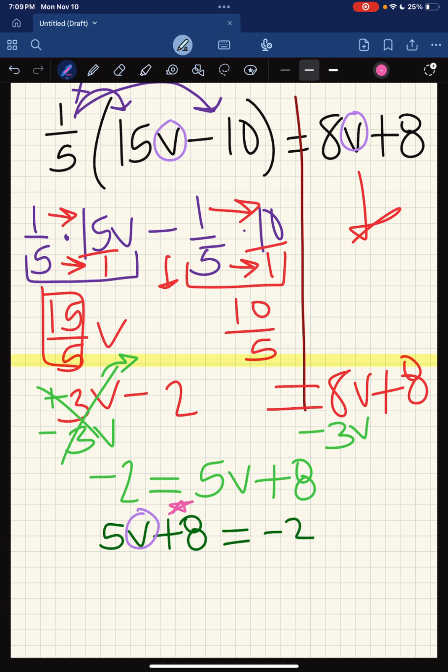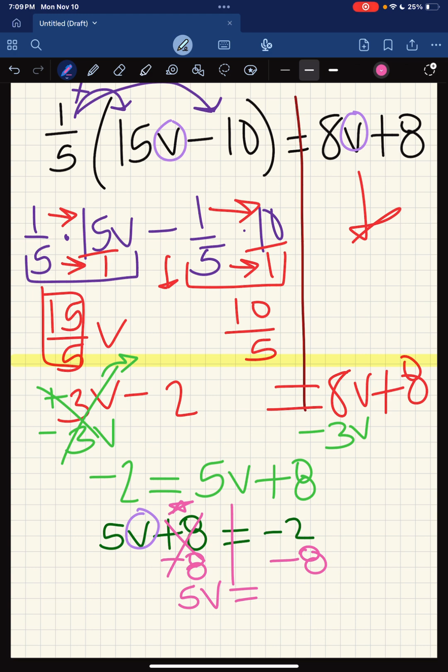So the opposite of adding 8 would be subtracting 8, and I'll do it on both sides. What you do to one side of a problem, you always have to do to the other side as well. So these will cancel because a positive 8 subtracted by an 8 is 0. So you get 5v equals.